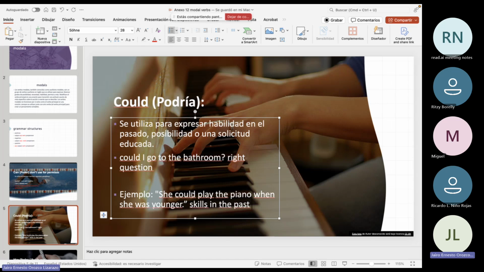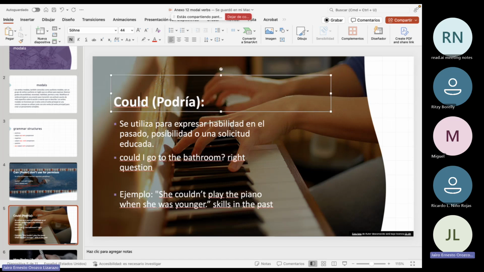She could play the piano when she was younger. If you want to put it in negative, she could not, or the contraction, she couldn't play the piano when she was younger. We don't pronounce the L in could, okay? Could. She couldn't play the piano when she was younger.